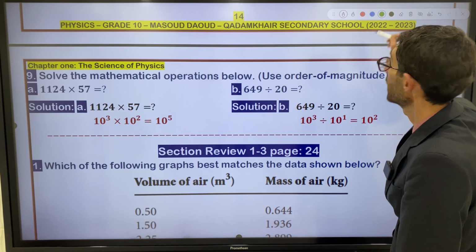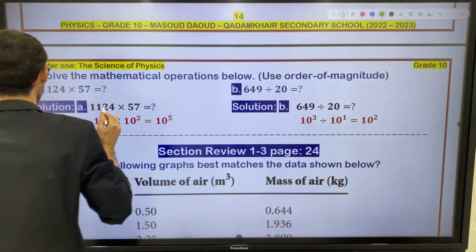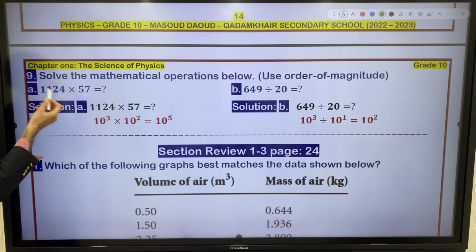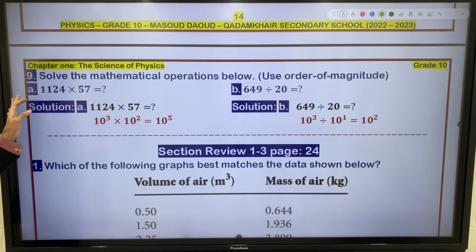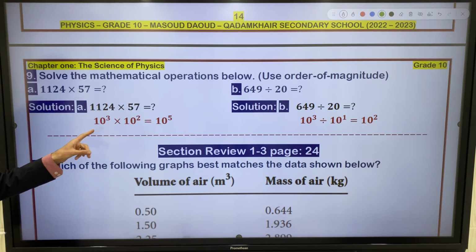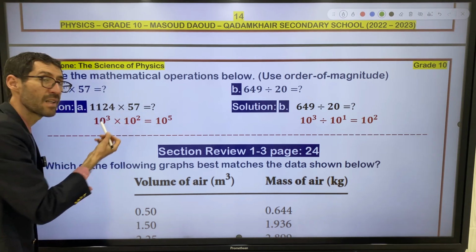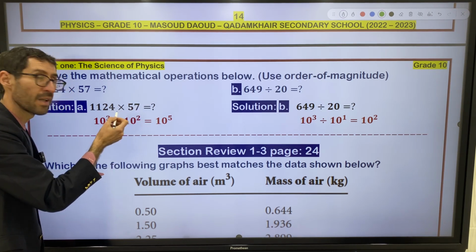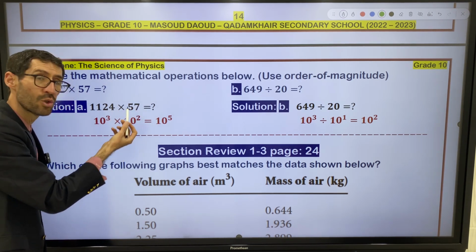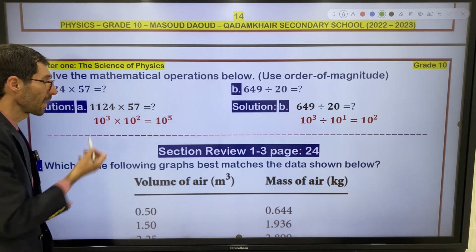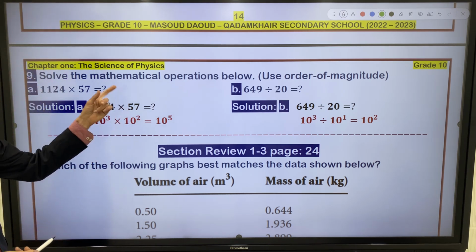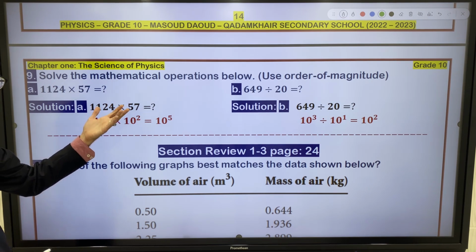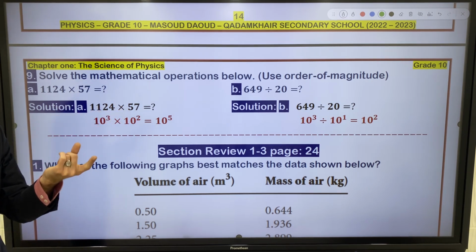Let's do it together. 1,124. What's the order of magnitude of this number? Actually, 10 to the power 3, right? Multiply by 57. What's the order of magnitude of 57? Actually, 10 to the power 2, because 100 is closer to 57 than 10 to the power 1.